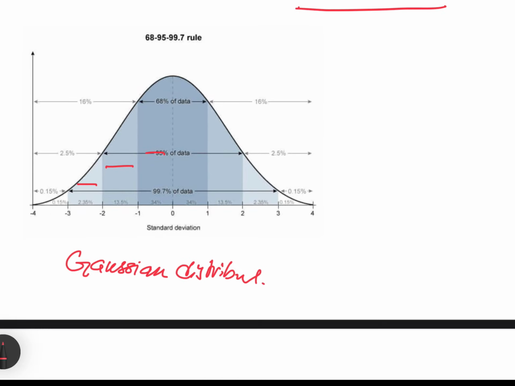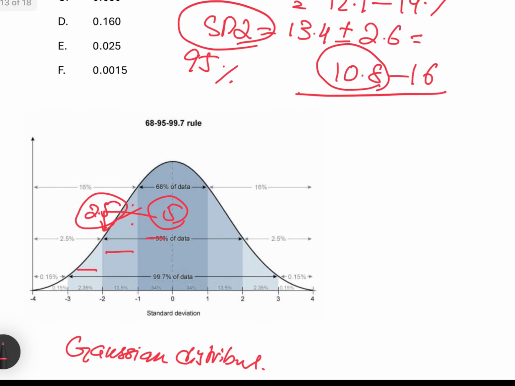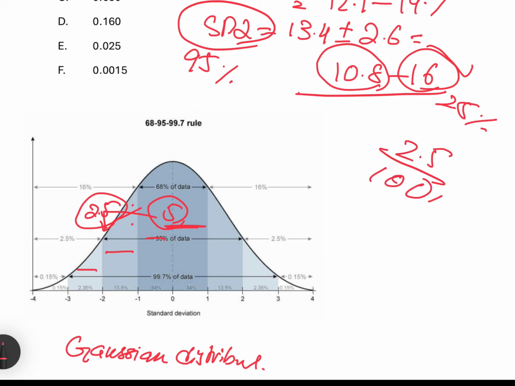In the 95%, the remaining is 5%, so there is a 2.5% chance at 10.8 and a 2.5% chance at 16. So our answer will be 2.5 divided by 100, which is 0.025.